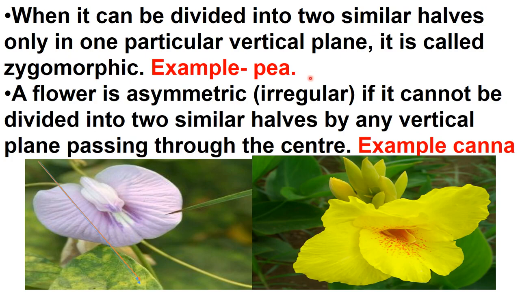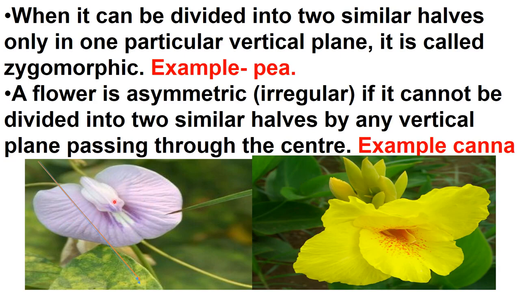For example, pea flower, as you can see here, this is pea flower. If you cut this pea flower like this, in this direction, right, only this plane will be able to divide this pea flower into two equal halves, right?